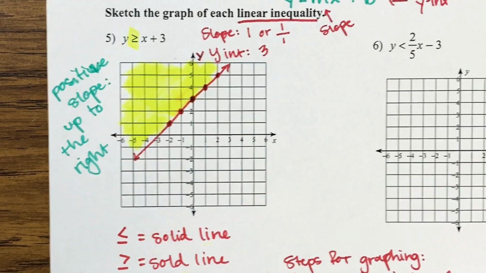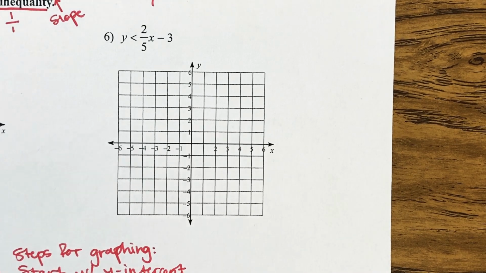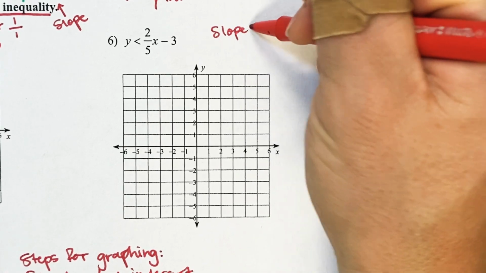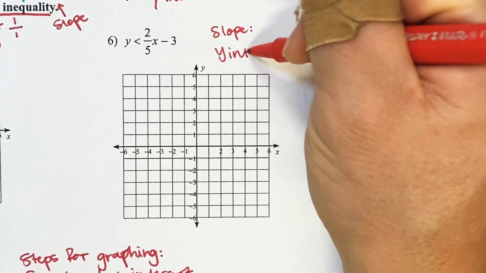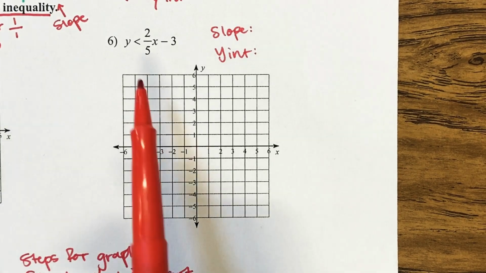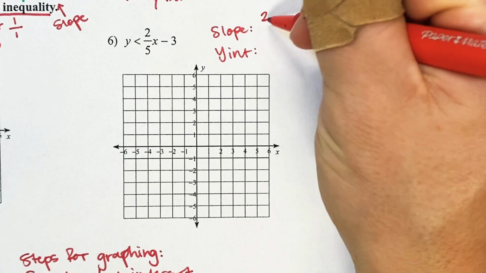Okay, let's look at number 6, last example. We're going to start it the exact same way. For number 6, what is my slope and what is my y-intercept? My slope, what is the number or fraction that is right in front of the x? It is 2 over 5.